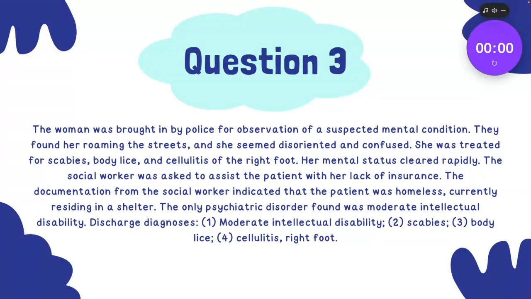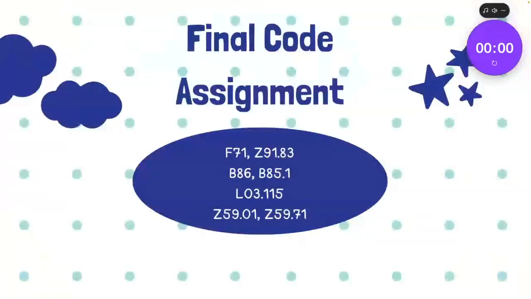All right, so here are the codes. So you have your code for the intellectual disability. Also capture the code Z91.83 for wandering.